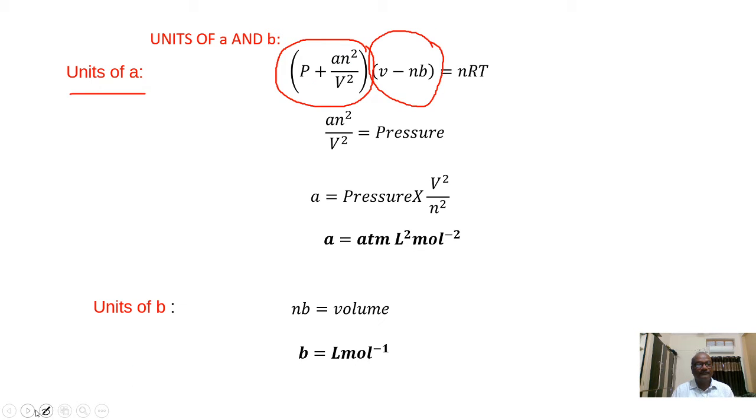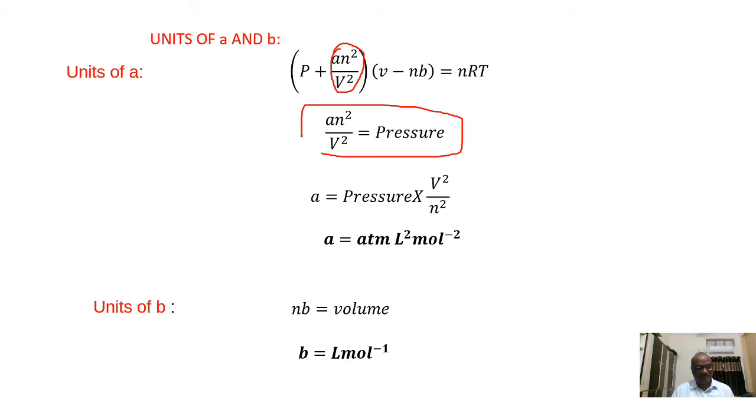That's why an²/V² also represents the pressure term, so an²/V² has the units of pressure. What will be a?